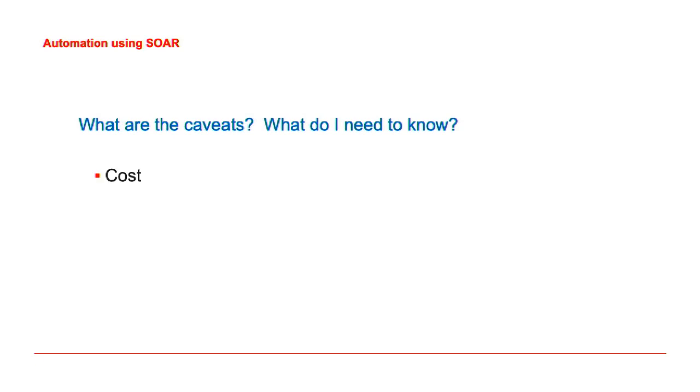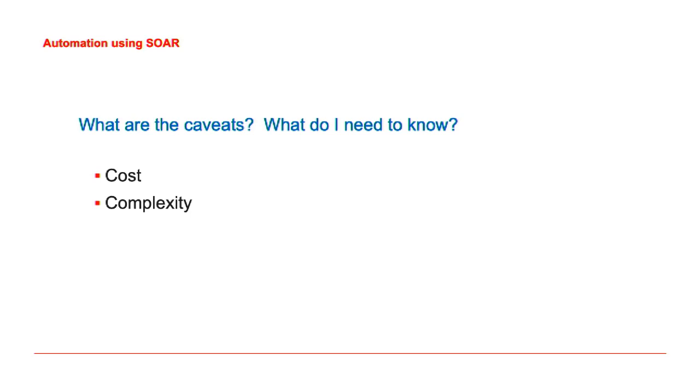Some of the other things that you might want to know about SOAR is, number one, the cost. Let's say you're a small environment, you've only got a couple of analysts or whatever. You're still looking at $75,000 to $100,000 for any of these products. They're fairly expensive. And then complexity, because there is integration with all these different products, there's definitely some complexity there.